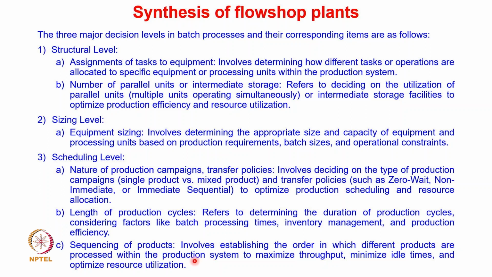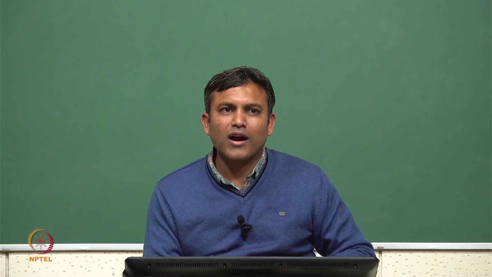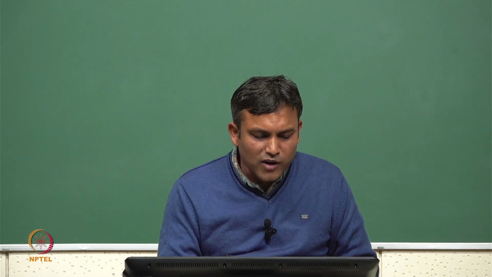The third important decision we have to make at the scheduling level is the sequencing of the products: whether product A should be sequenced first and then product B, or whether it should be alternating products. All these decisions we have to make here.